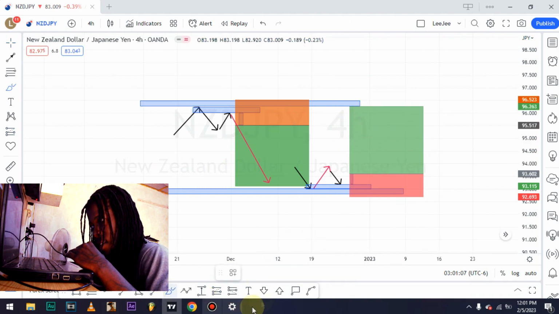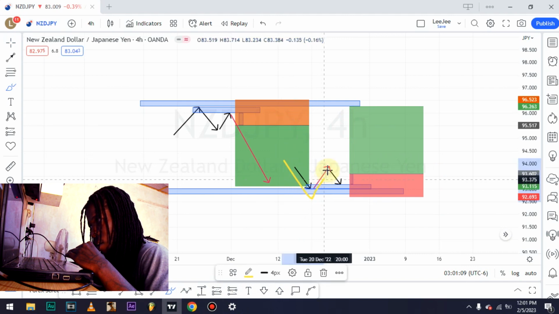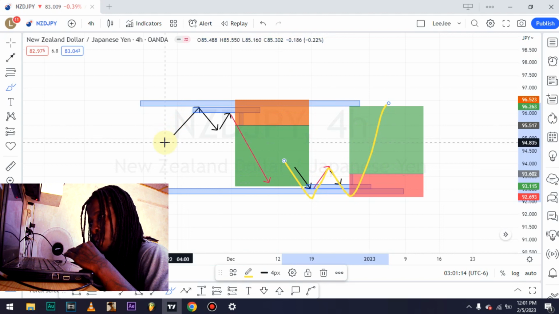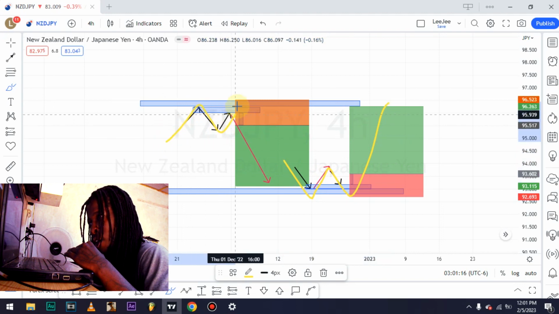And if you can see clearly, this is called a double bottom, guys, and this was called a double top. Easy. All right, so I think that's the easiest way that I usually approach the market, guys. Nothing complicated, no indicators, no nothing.